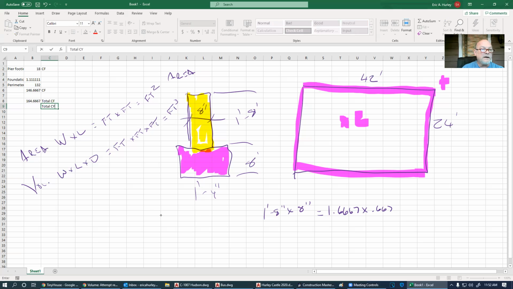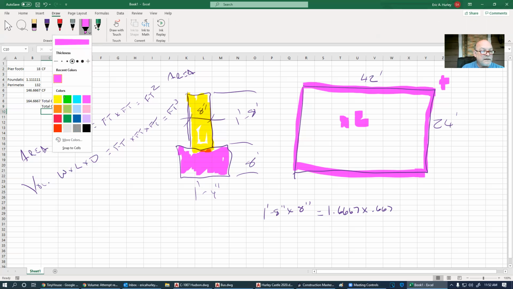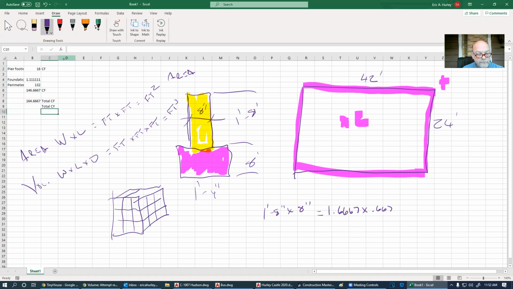All right, so if we look at our little drawing here, let's say that we have a Rubik's Cube. There's my Rubik's Cube.